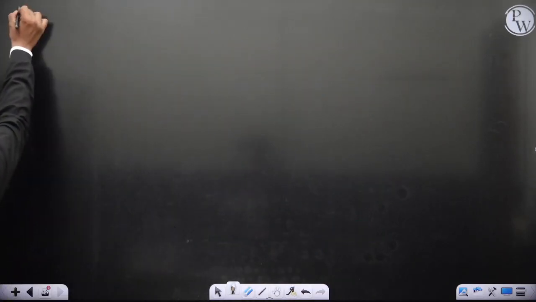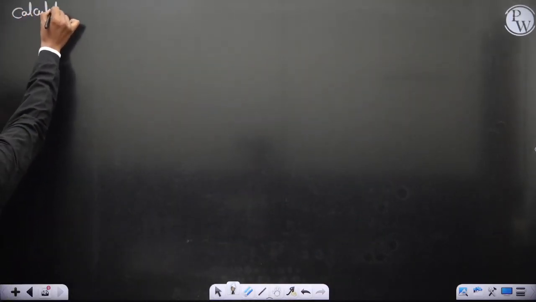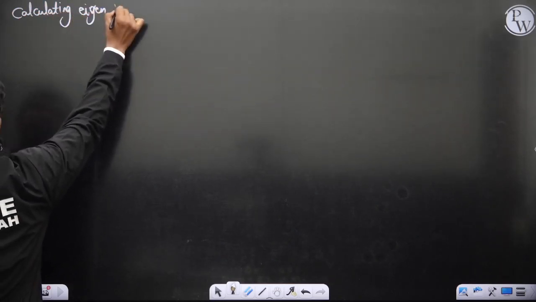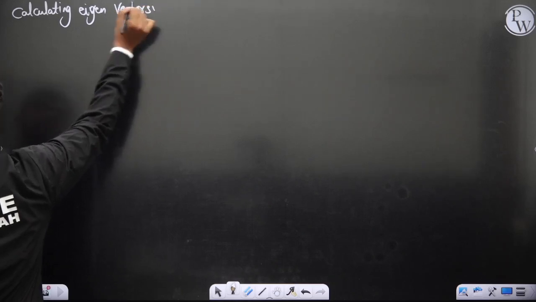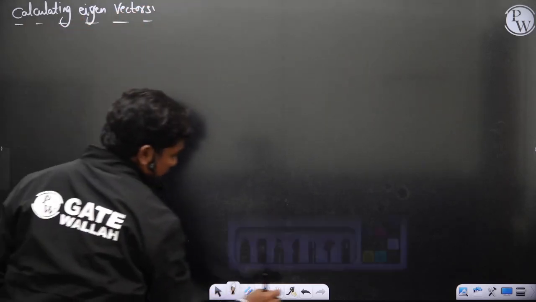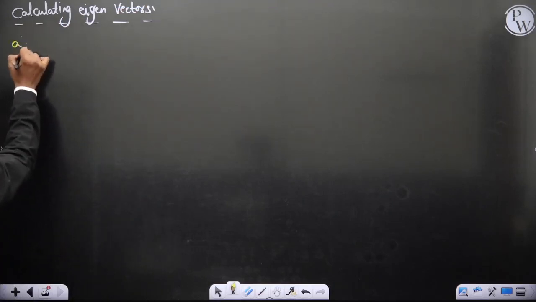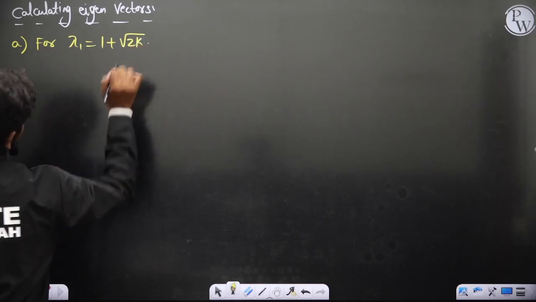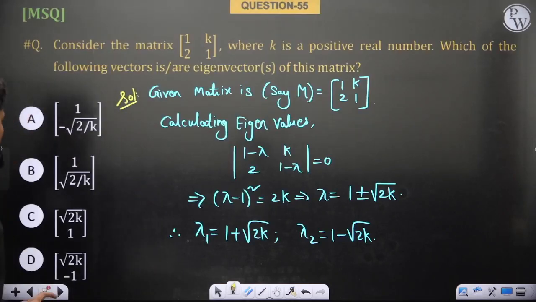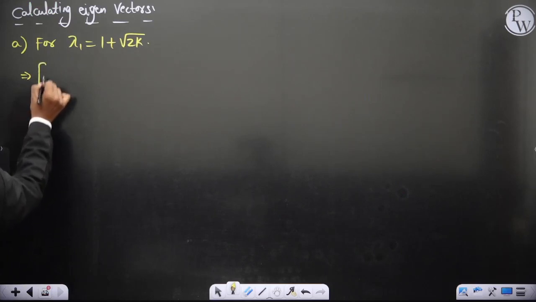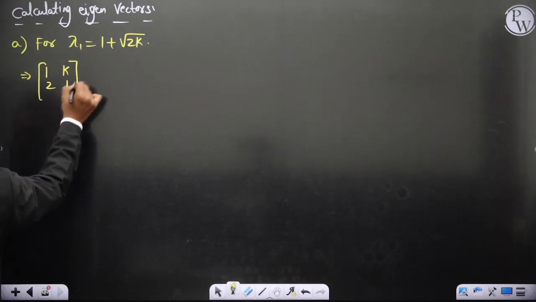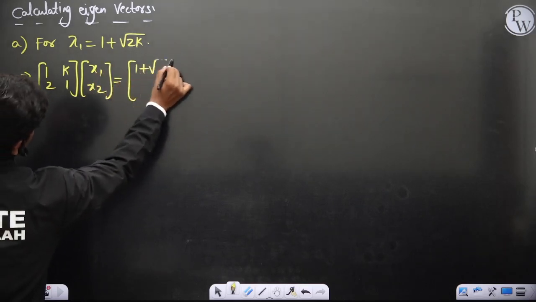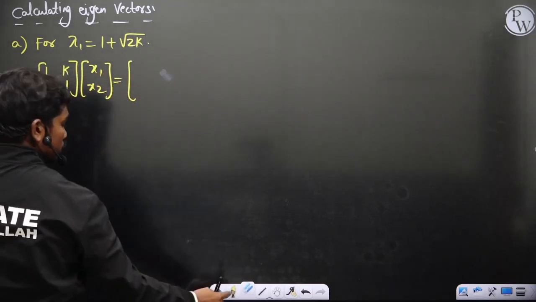So calculating eigenvectors, let's see. For lambda 1 equal to 1 plus root 2k, let's take it initially. So [1 k; 2 1] times [x1; x2] is equal to lambda times x, that is, Ax equals lambda x.